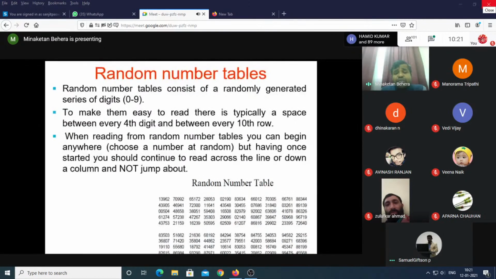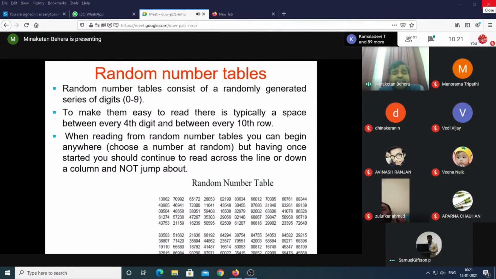Remember one thing, just look at this slide. Many students do not know this, but it is very easy, nothing is there. You just read it. Suppose this is a random table. I have copy-pasted it from the appendix of the book. Never read this first number. That is 13962.